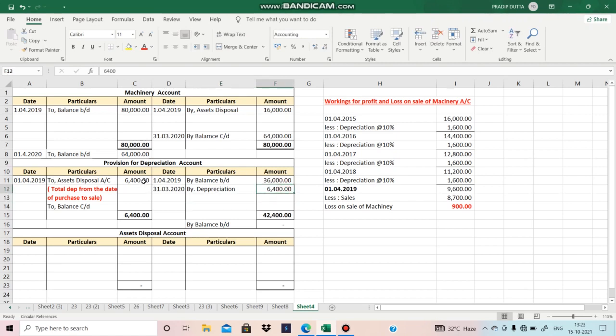Okay, don't confuse this 6,400 with that 6,400, it's different. This is the total depreciation of the machine which was sold, whose cost was 16,000, and this depreciation is for the current year, we can call it the current year depreciation, 6,400.